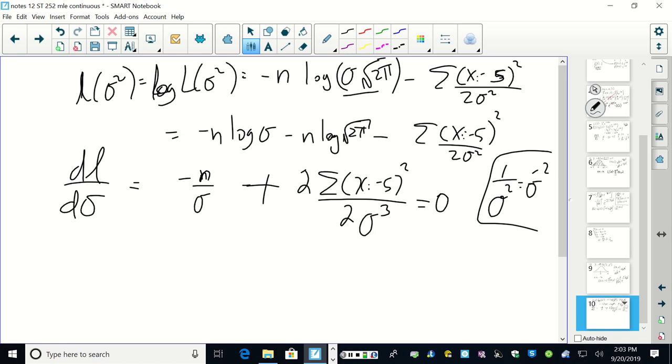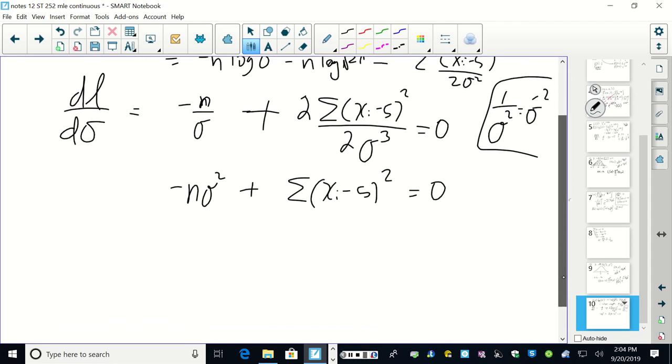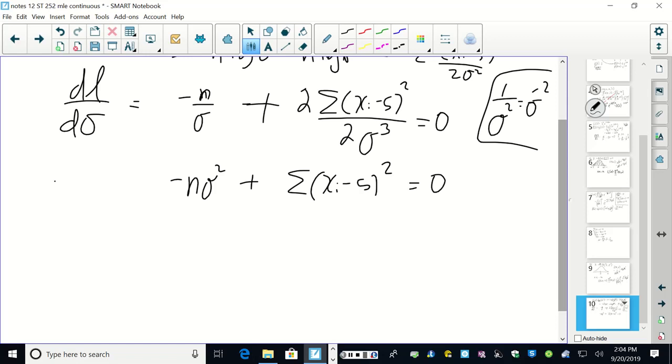Let's multiply by sigma cubed, so we get negative n sigma squared plus, and now because it's a 2, those cancel, which is nice. And that's gone, so it's the sum of the xi minus 5 squared, and that equals 0. So what we did there is multiply by sigma cubed.